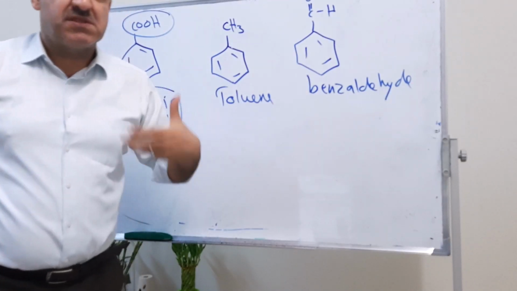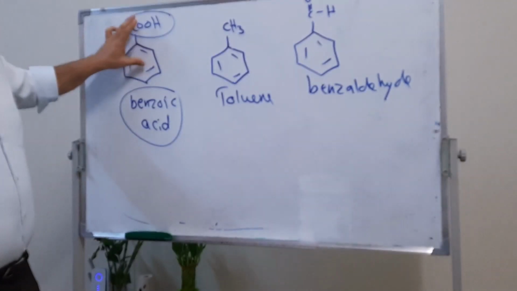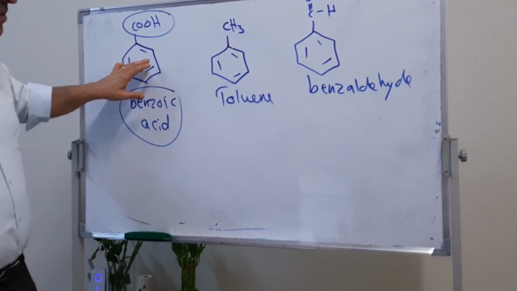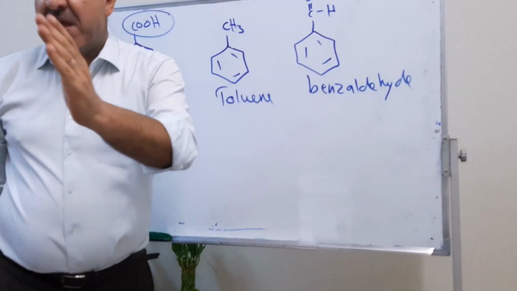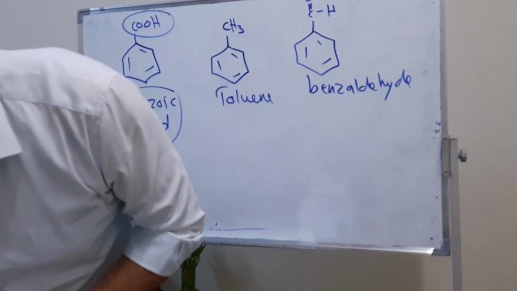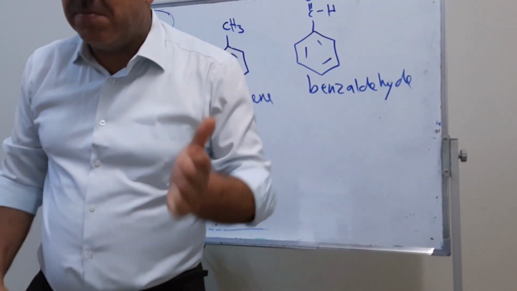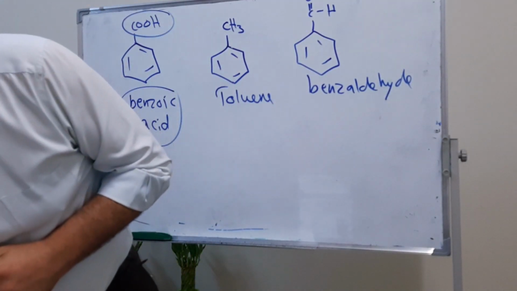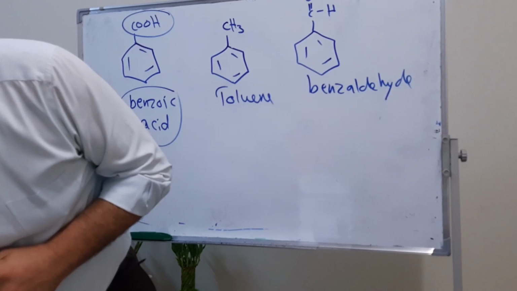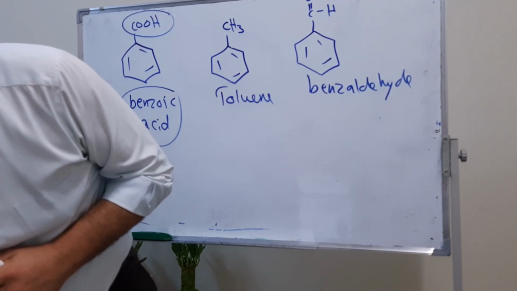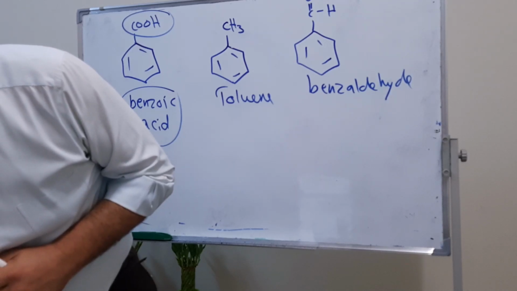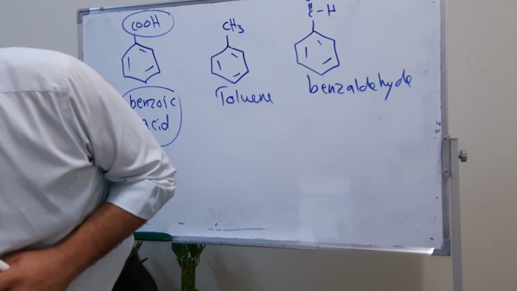Carboxylic acid becomes benzoic acid, then toluene, benzaldehyde. You see the table in this slide? You must know all of these common names approved by IUPAC. Got it? Is that clear, guys?